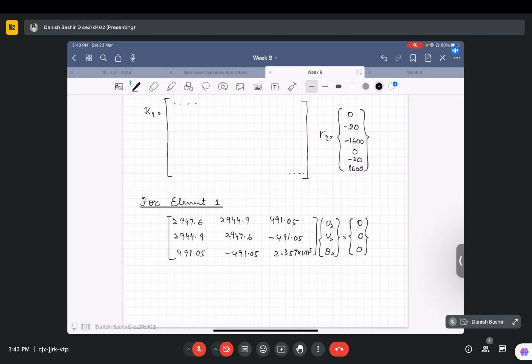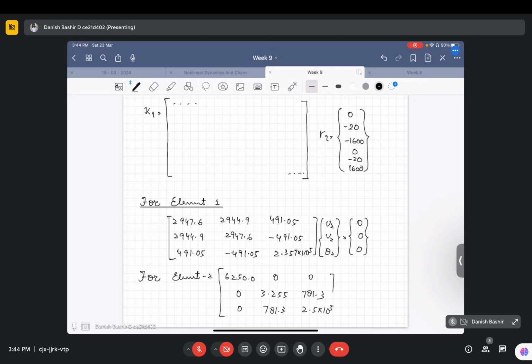Okay, similarly for element 2, after applying the boundary conditions, we will get the reduced stiffness matrix to be equal to 6250.0, another element 0, and this element also 0, then this 0, 3.255 and 781.3. This will be 781.3 again. This will be 2.5 into 10 power 5.